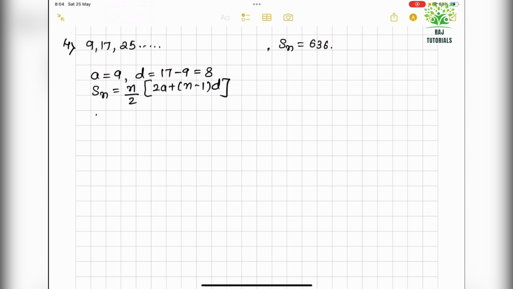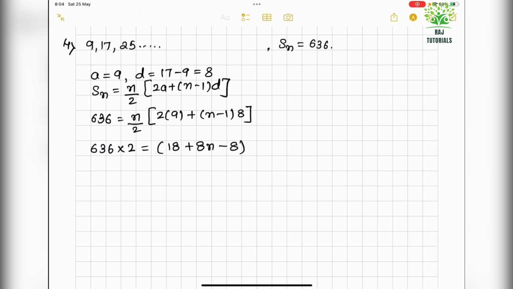So Sn is 636, n I don't know, upon 2 into 2 into 9 plus n minus 1 into d, which is 8. So 636 into 2 will be equal to 18 plus 8n minus 8, n.